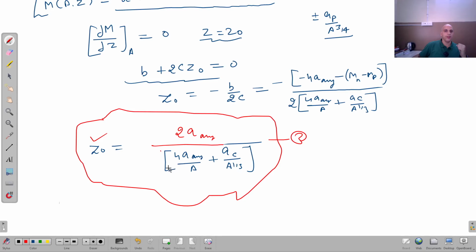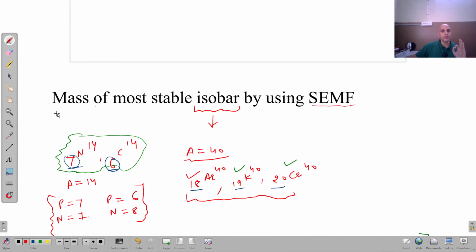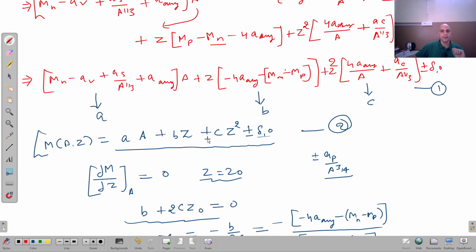Now this is the modified formula. If I put the value of A and the value of these constants, I can find the value of Z naught. This is the required condition for a most stable isobar by using the semi-empirical mass formula.